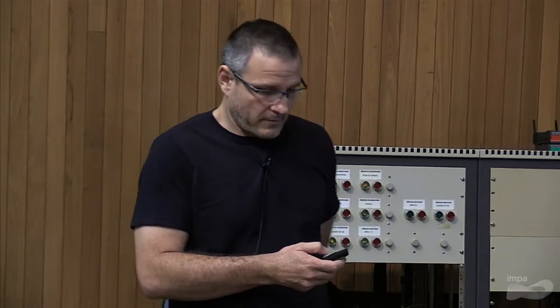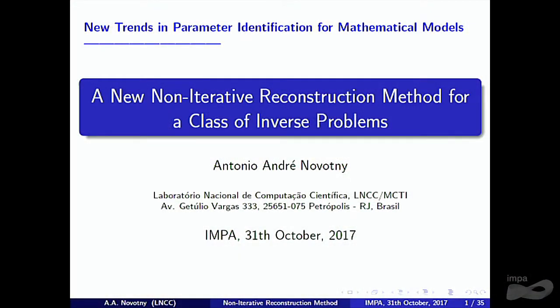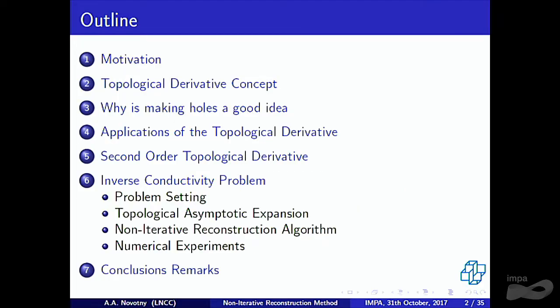So, I will present a reconstruction method for a class of inverse problems based on the topological derivative. The outline of my presentation is the following. I will introduce some motivation. Then I will define the topological derivative.